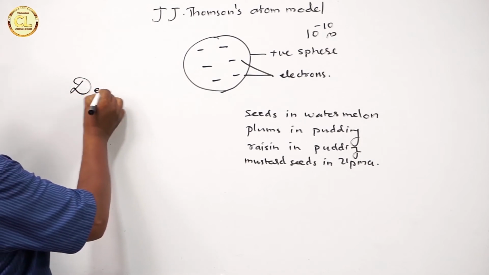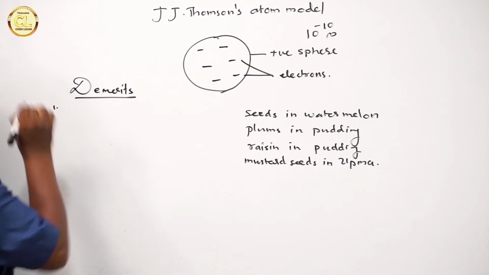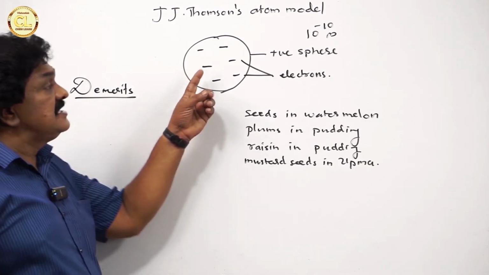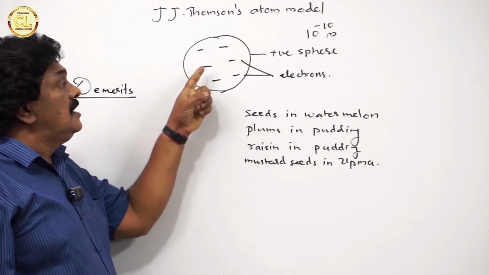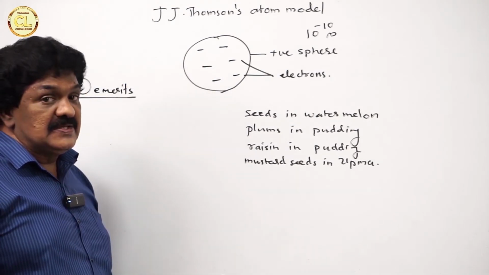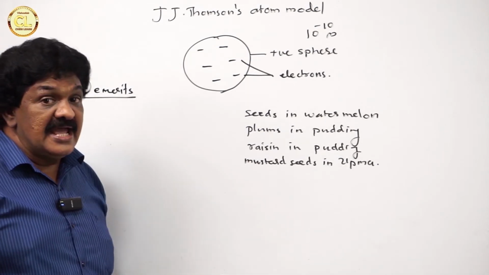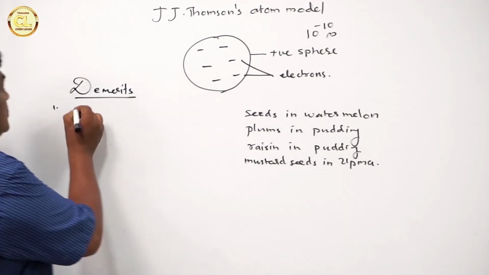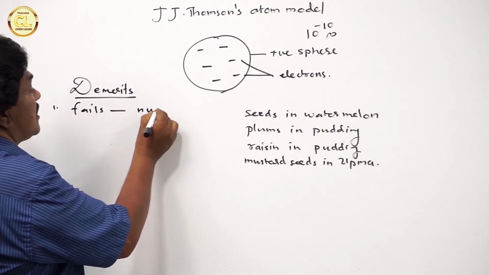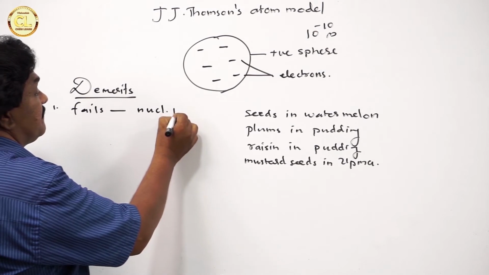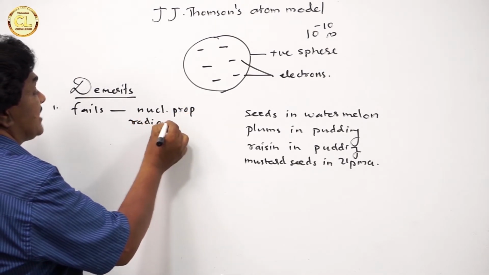Demerits. See, it is a non-nuclear model of atom. As I have already told you, it contained no nucleus. So, it could not explain the nuclear property like radioactivity. So it fails to explain nuclear property, namely radioactivity.